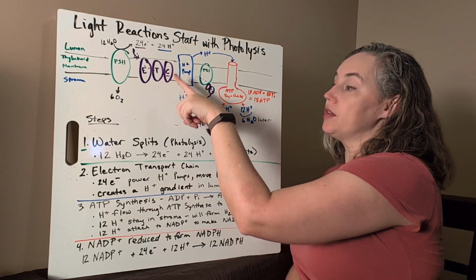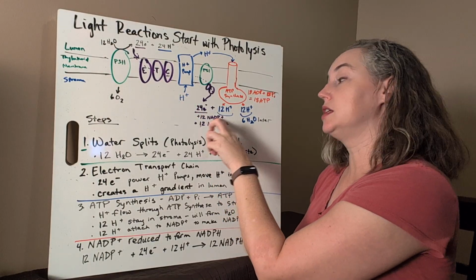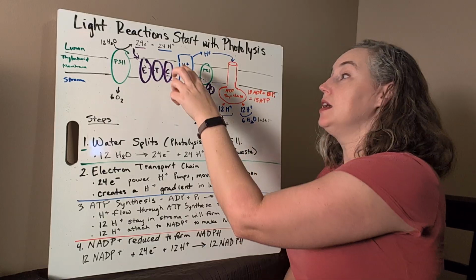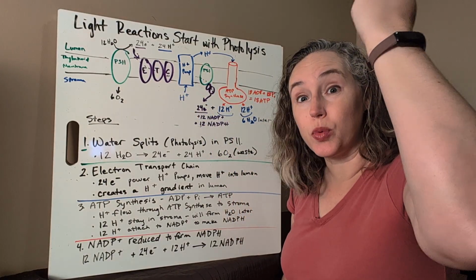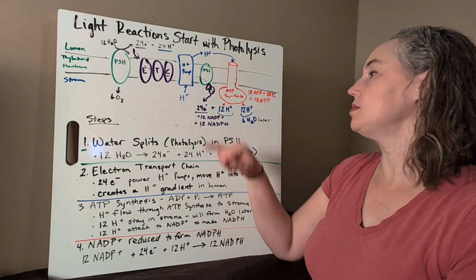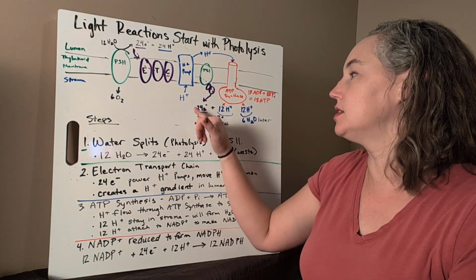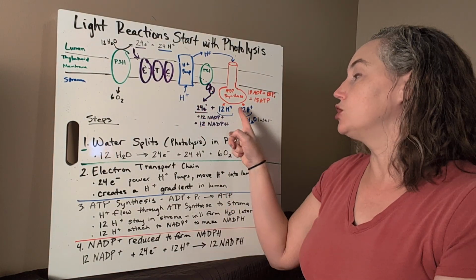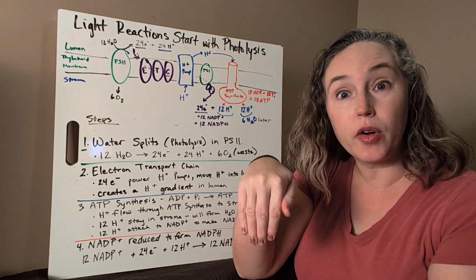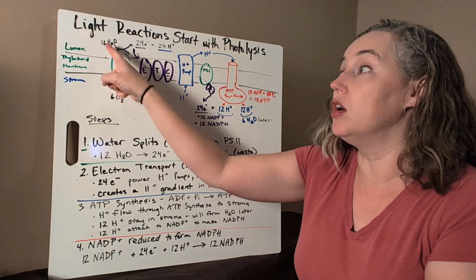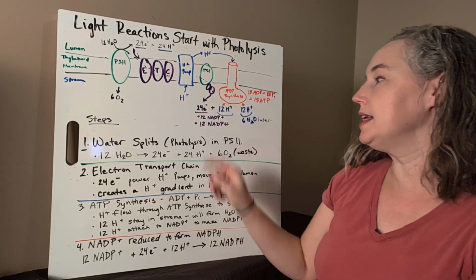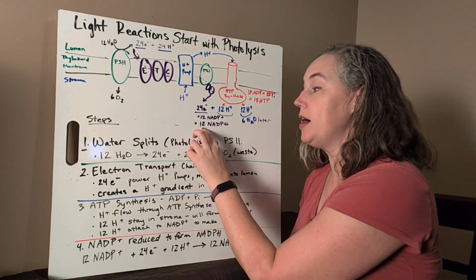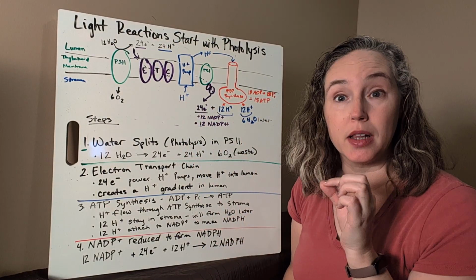But before the electrons get to NADP+, they're going to go through photosystem 1 and recharge with energy from the sun. Then those high energy electrons, 24 of them, and 12 protons, again all starting from that water, are going to join NADP+ to form 12 NADPH molecules.